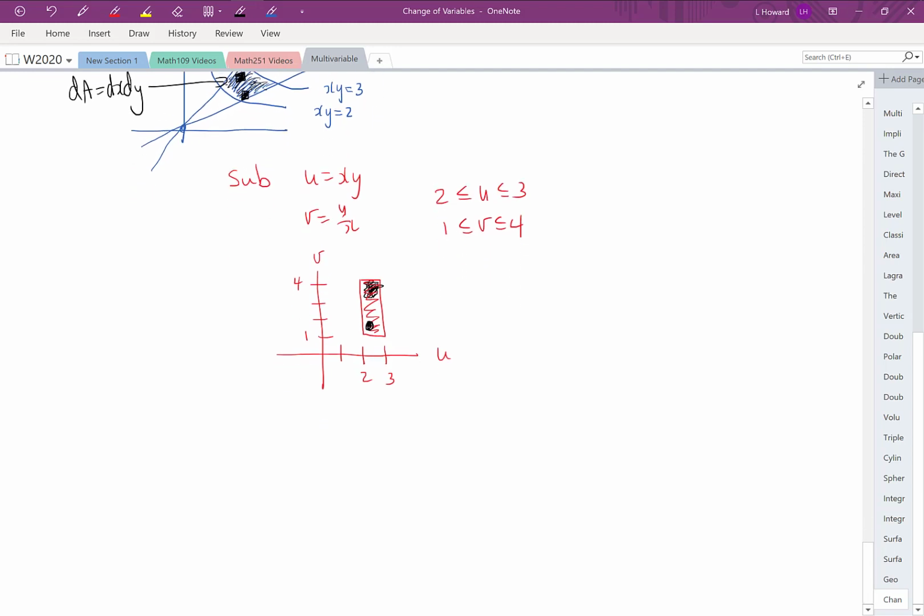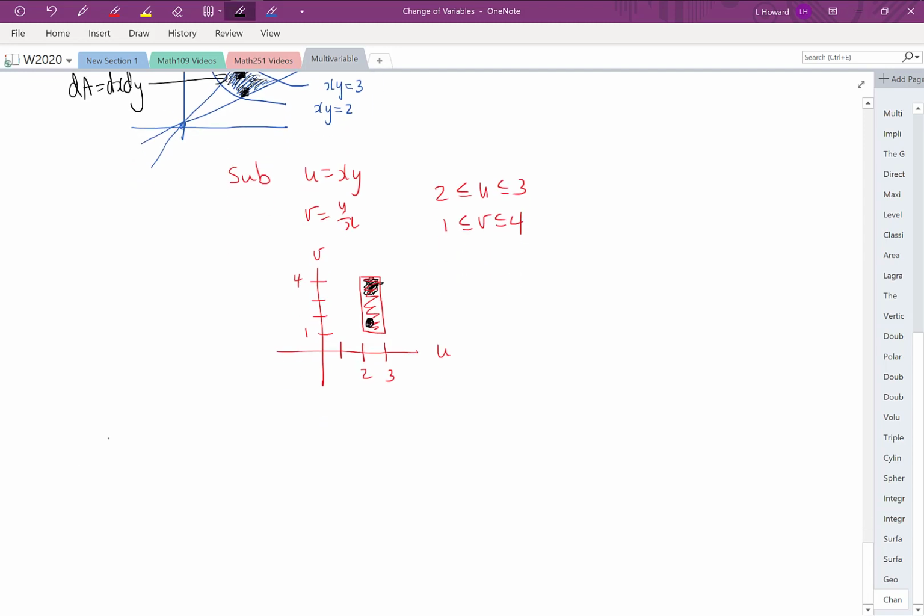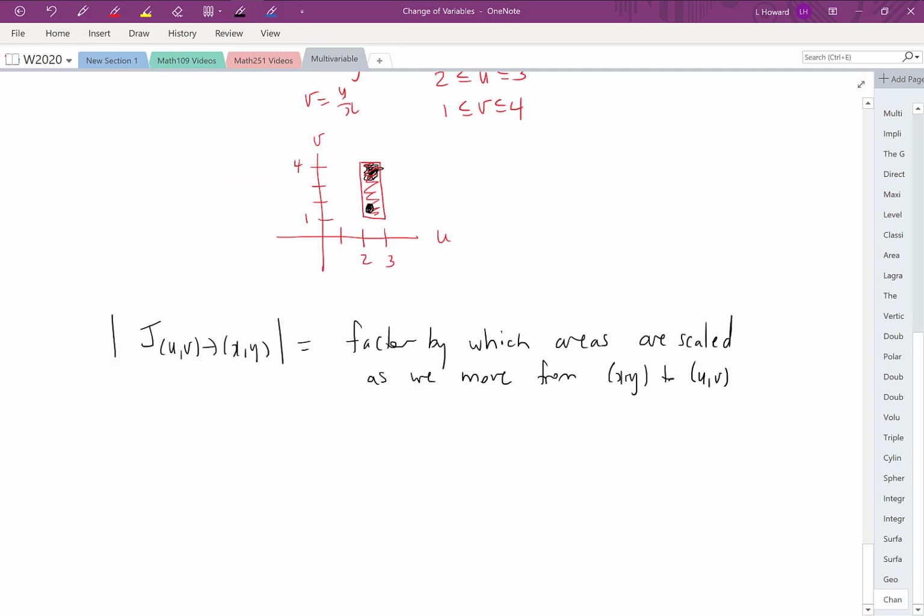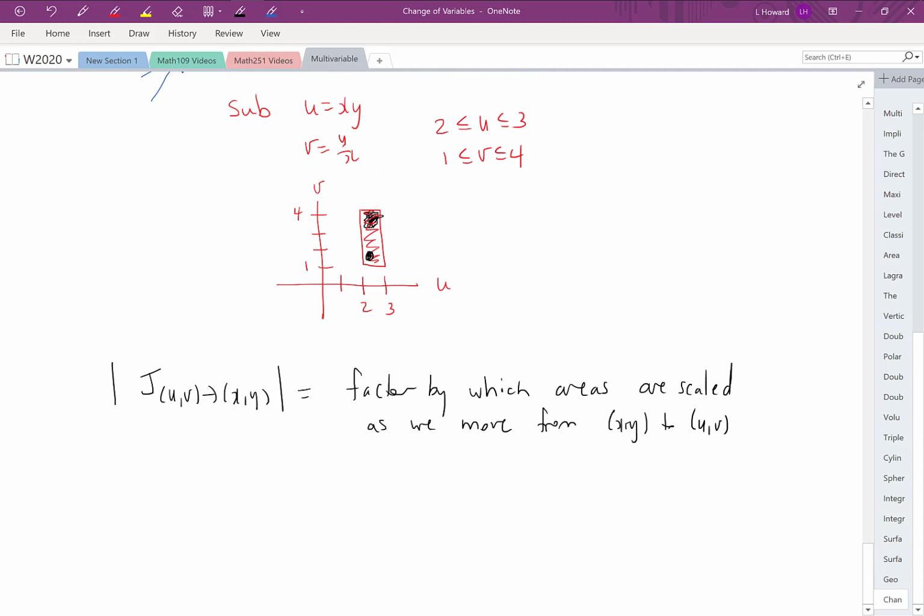Okay, so now let's bring the Jacobian into the discussion. The absolute value of the Jacobian from uv to xy is the factor by which areas are scaled as we move from variables xy to uv. Now, when we compute our double integral, what we need to do is correct for this scaling that's happening. So we actually need to multiply by the reciprocal of this Jacobian.